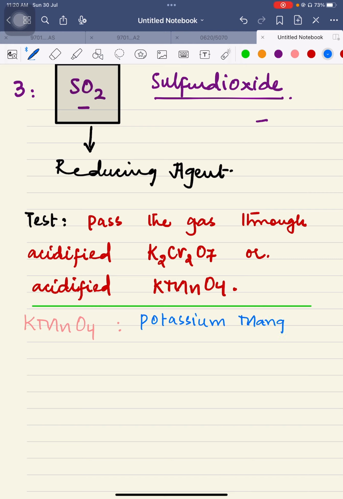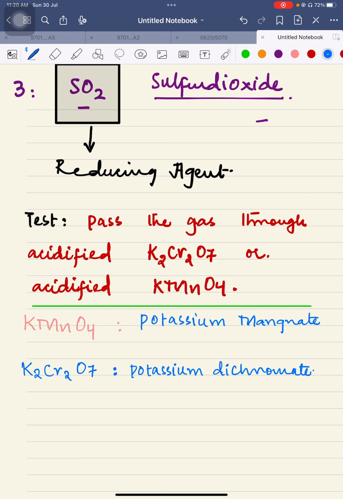Do I need to memorize these formulas? Yes. Potassium manganate, and this is K2Cr2O7. This is called potassium dichromate.